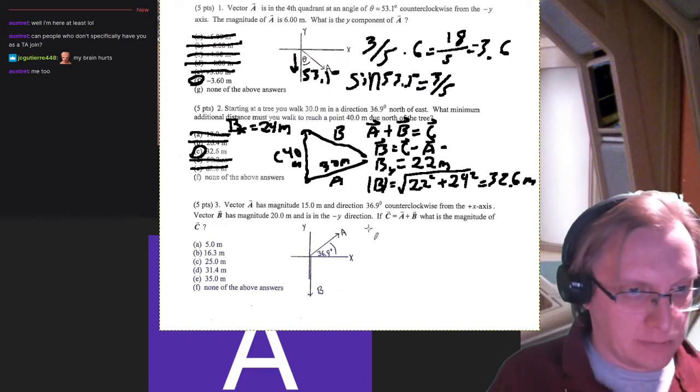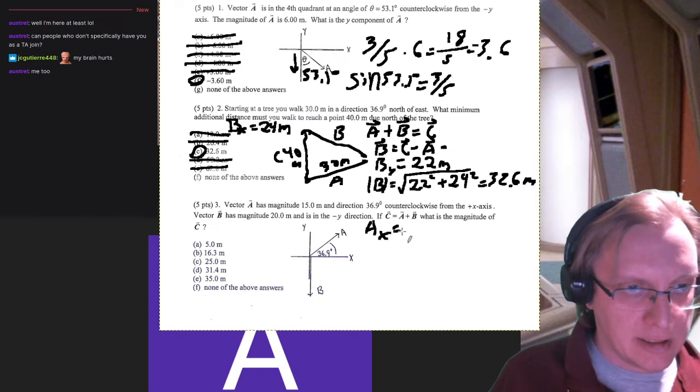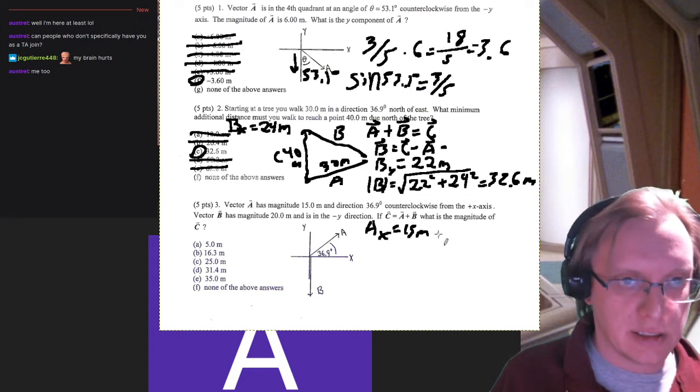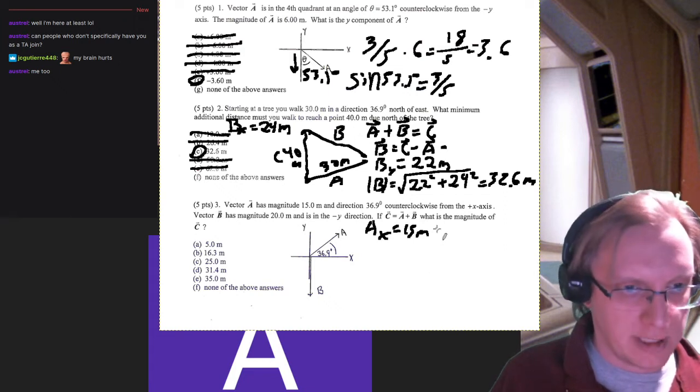All right, so let's be a little bit faster about this one. We need an Ax. Ax is equal to 15 meters in the x direction, that's the cosine.